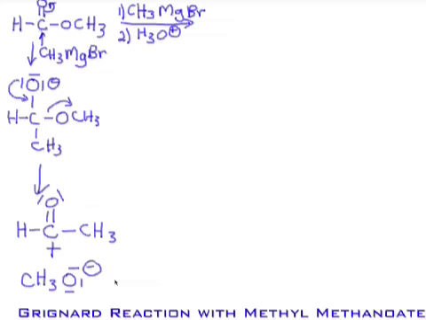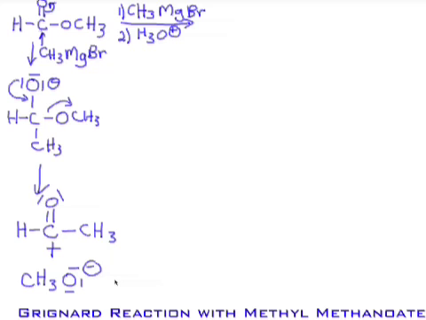Typically methoxide, because it's a fairly strong base, is a poor leaving group. Well, what do I mean by poor leaving group? I mean it doesn't readily leave. But that doesn't mean it's impossible to kick out. It really depends on what you're forming.